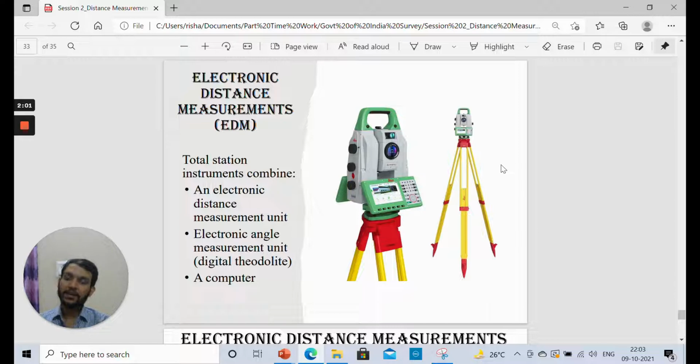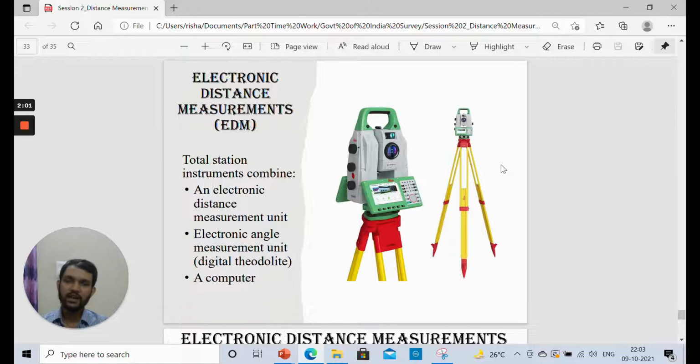Now what do these EDM devices contain? These total station instruments combine within themselves an electronic distance measurement unit. They have got an EDM that measures the distance between those 2 points, one point where the instrument is installed and the other point where the reflector is there, which will transmit the signal back to this EDM device.